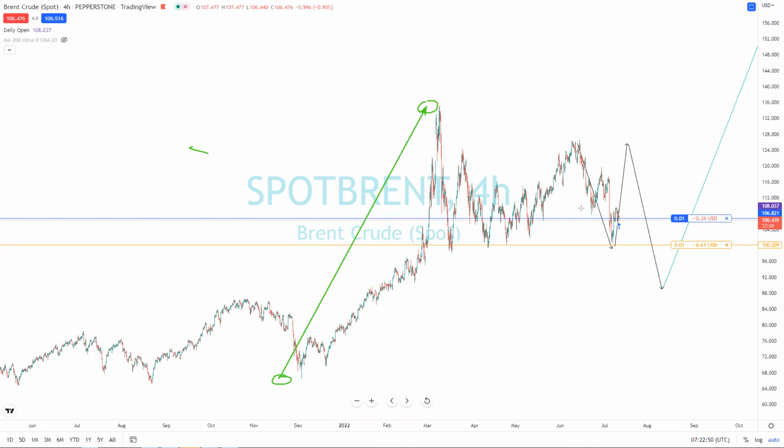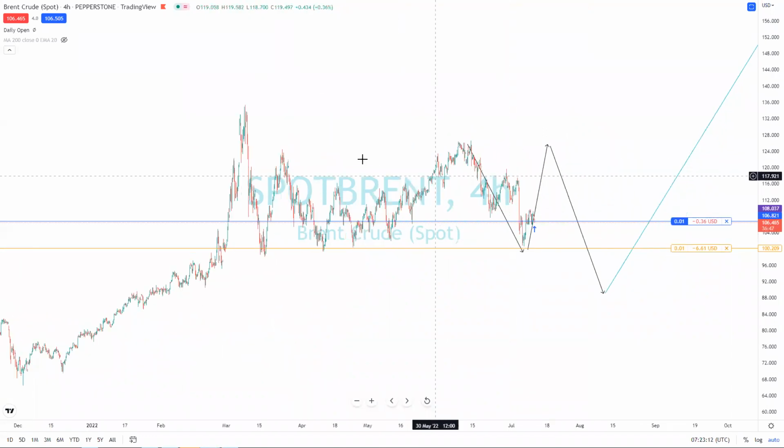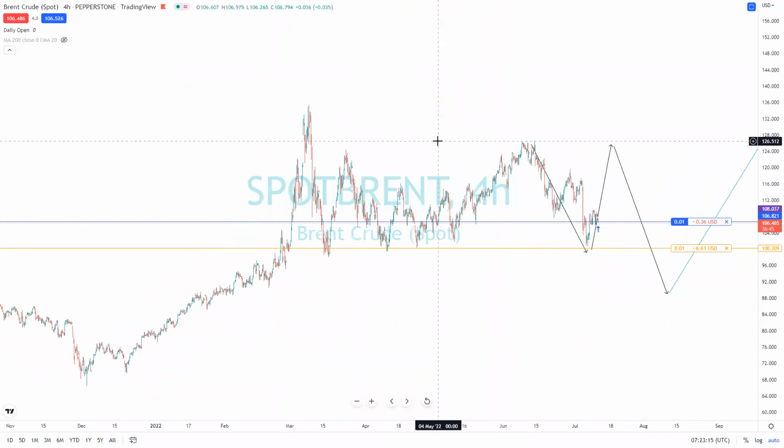It is our duty to analyze this structure and to anticipate when it's going to terminate and around where it's going to terminate. All of this that we see here is a corrective pattern that is still forming. We want to be able to anticipate when and where this pattern is likely going to complete.